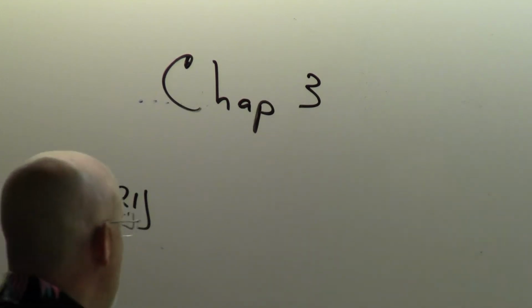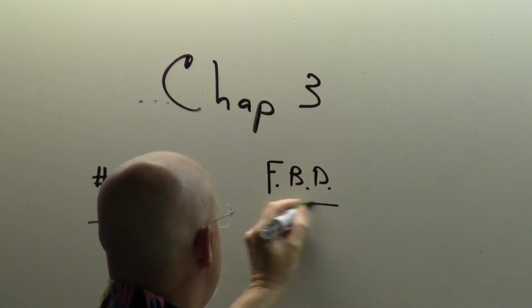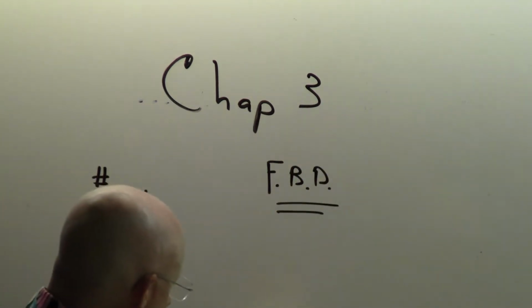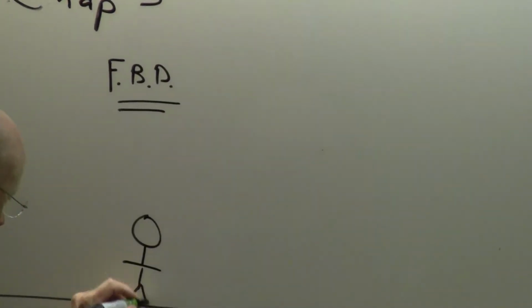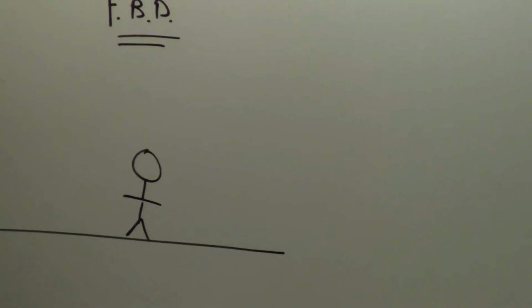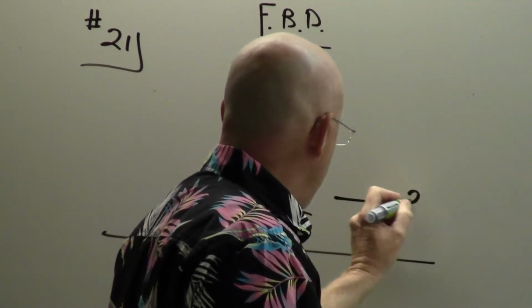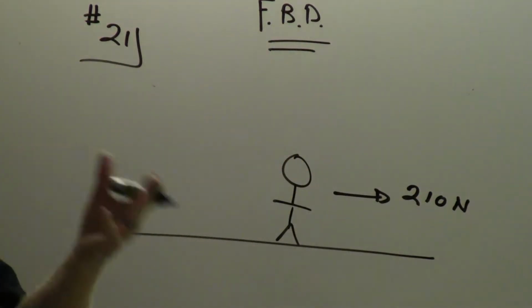Okay, so I'm going to start with what we call the free body diagram. It's really very helpful. And so if I have this child here, and I'll just make a little stick figure, and it says that there is a pole of 210 newtons, so I'll just make something up in my head.